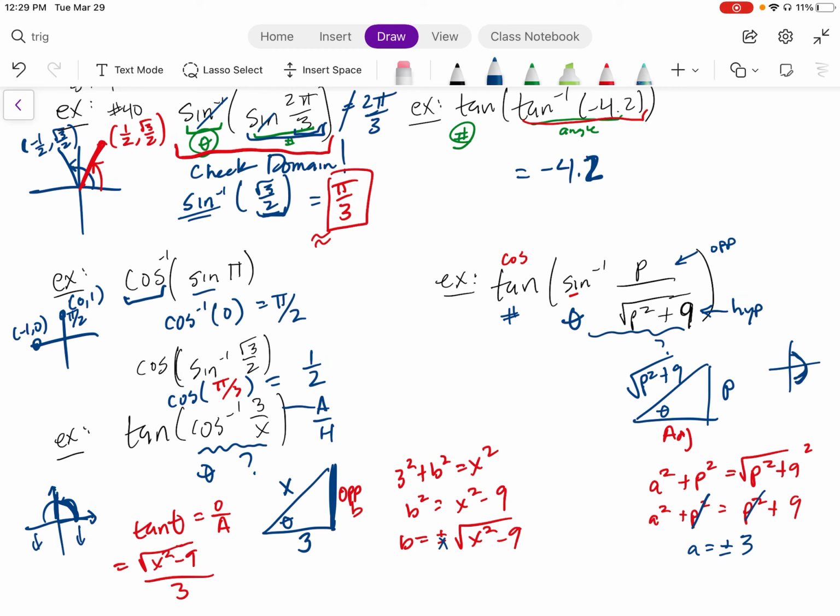But if a were negative, that means x is negative, right? Would be in quadrant 2 or 3. So it doesn't work. We only need to deal with the positive. All right. So now we are done because tangent of that angle, right, of theta, is opposite over adjacent, which is p over 3.